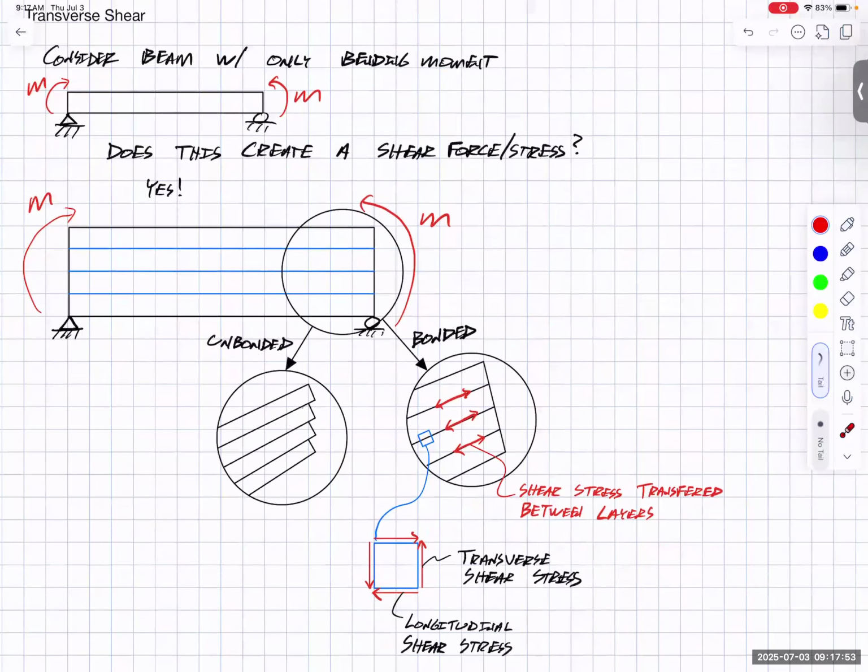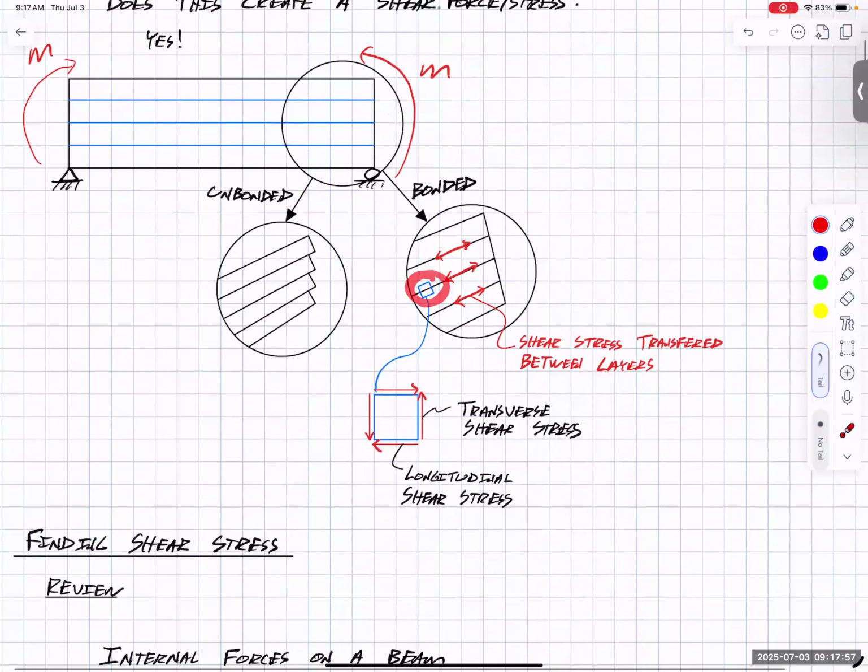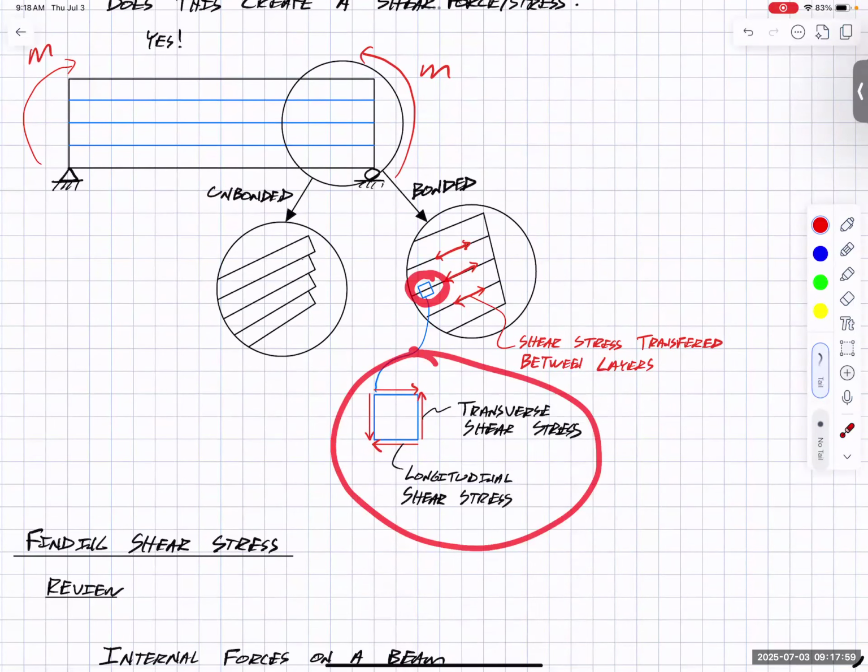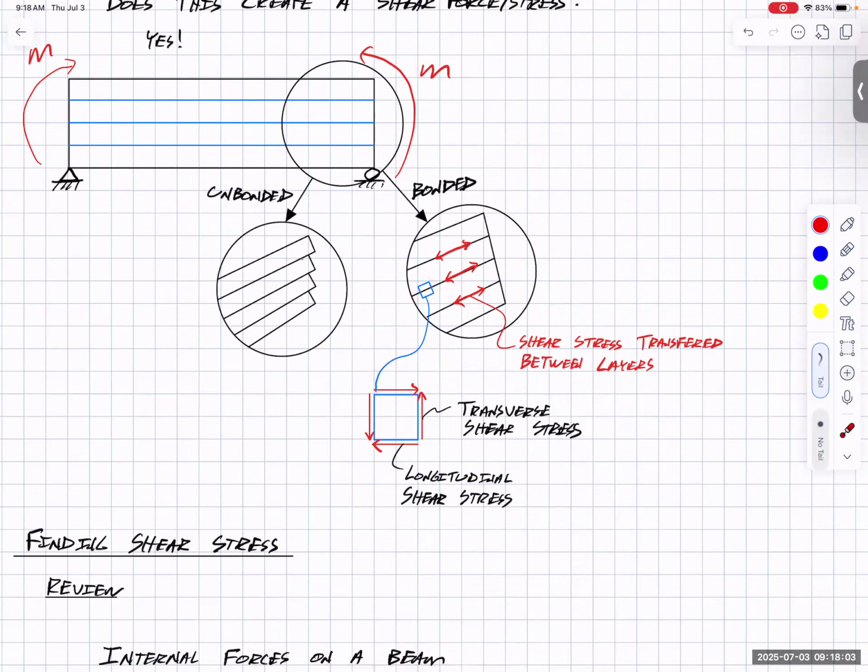Now, if I were to take a little element and zoom in on it and blow it up down here, this is sort of what's going on. Everything is in equilibrium in this class, or in mechanics of materials, we assume everything's in equilibrium. That means that the sum of the forces in X and the sum of the forces in Y have to be equal to zero. Well, we just said there's some sort of force that's pulling it horizontally.